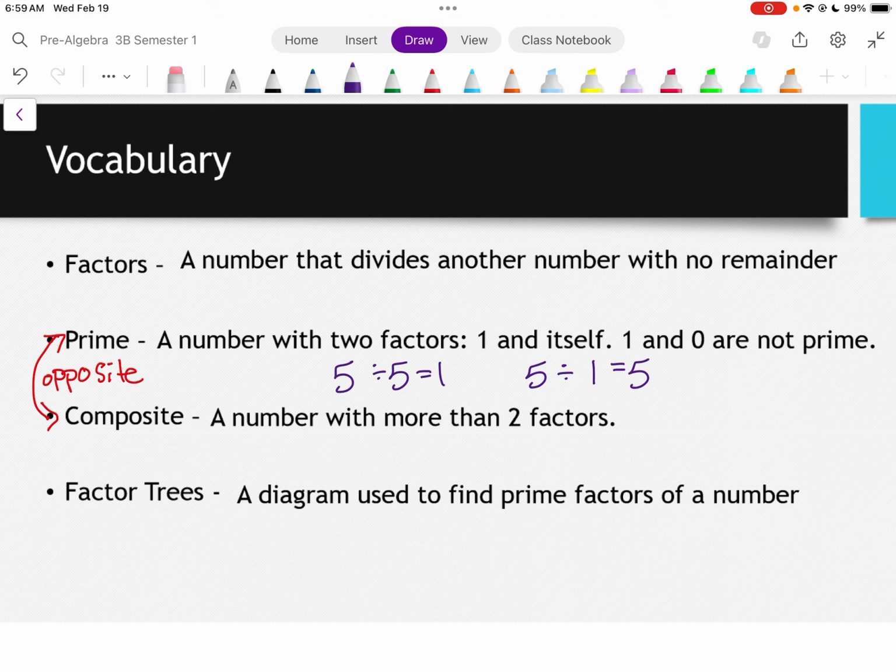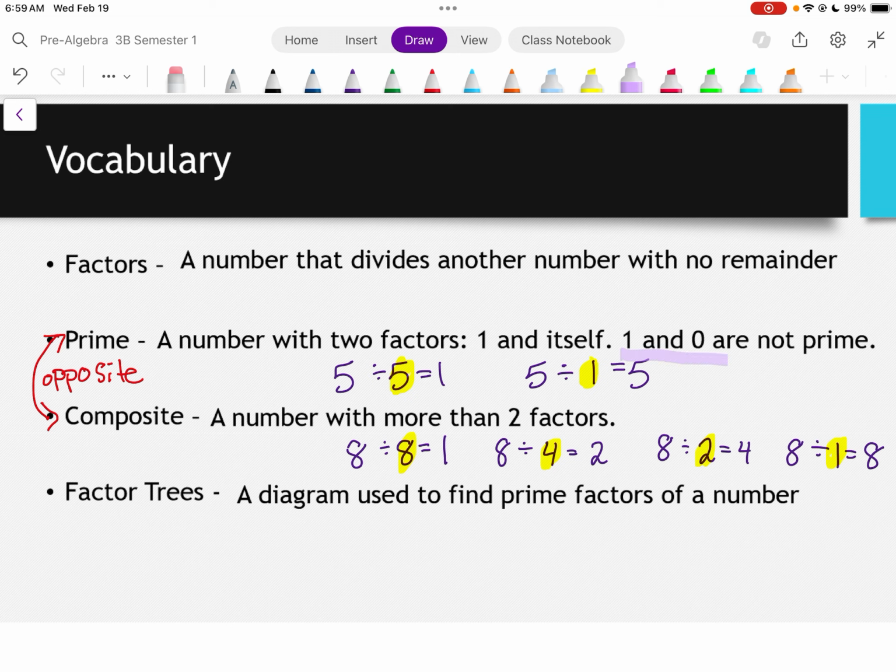An example of a composite number would be 8 because 8 can be divided by 8, 4, 2, and 1. So because it is divisible by itself, 4, 2, and 1, that makes it a composite number, whereas 5 could only be divided by 5 and 1, which made that prime.